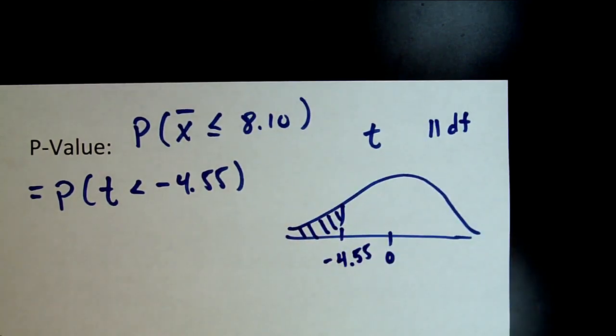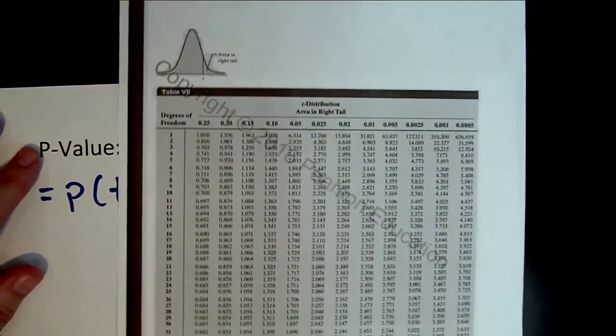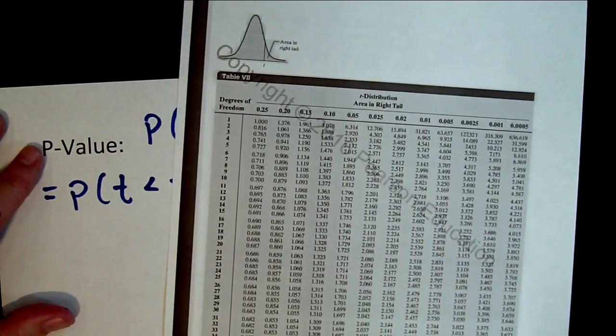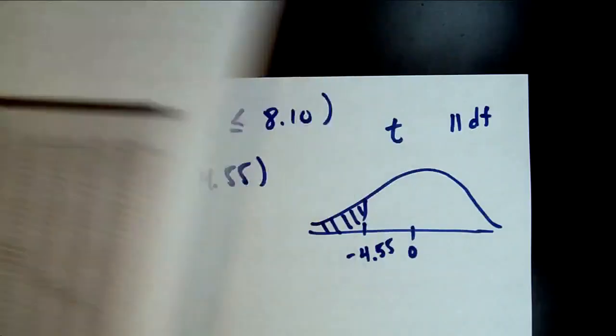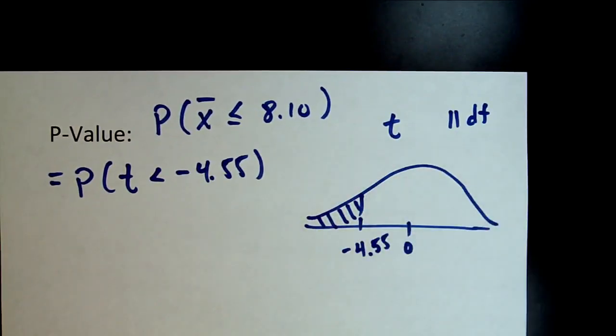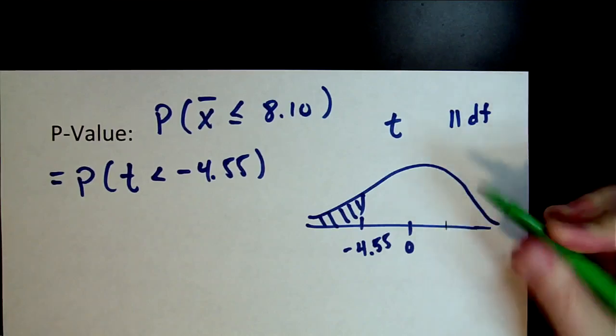Okay, so I go to the t table. Now the t table only gives areas to the right, so hopefully you remembered how to deal with that. If I want area to the left, in order to get that from the table, there's two ways of doing it.